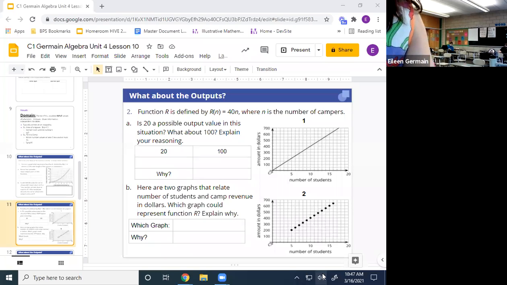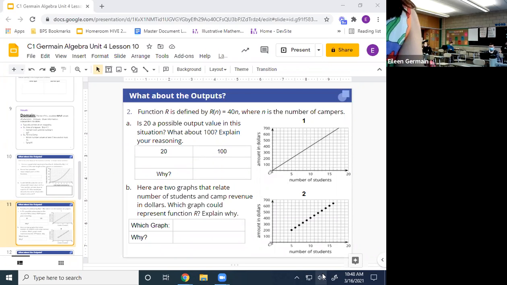The first part of this deals with the function R, which dealt with the amount of kids coming to the camp and the amount of money they were going to make. It is defined by R of n is equal to 40n, where n is the number of campers. Is 20 a possible output value in this situation? What about 100? Explain your reasoning in this box, number 1.